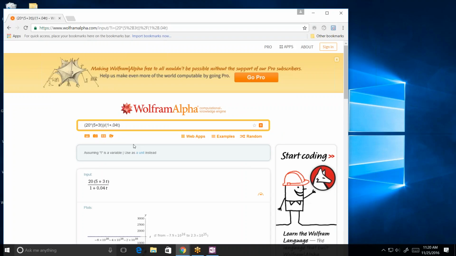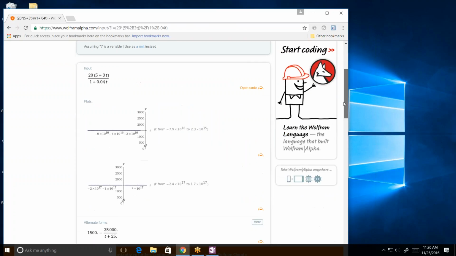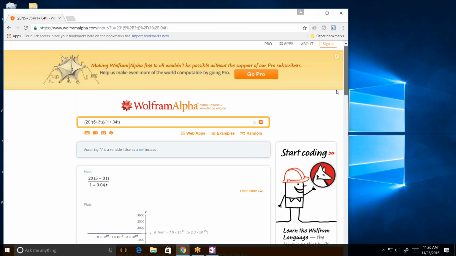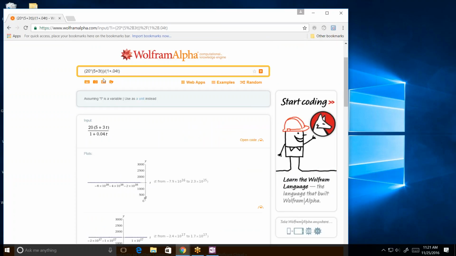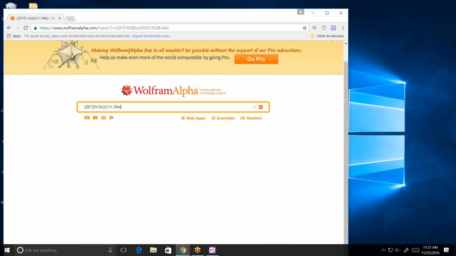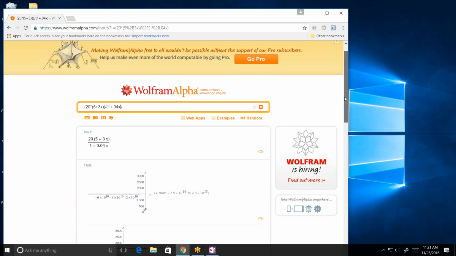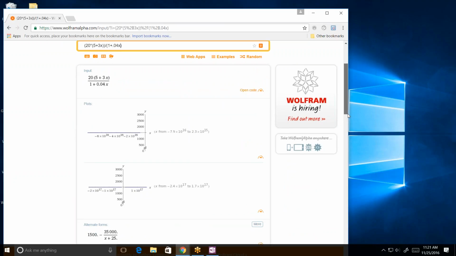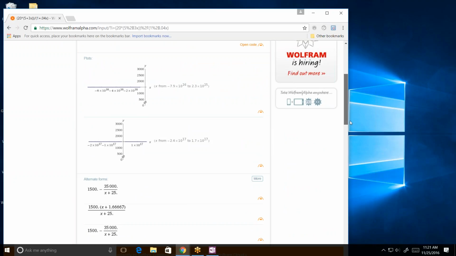I type it in correct. Was that correct? Yes, yes, it is. Okay. So, how come it's not drawing my curve? Because I didn't use x. Do you have to set it equal to f of x, or?